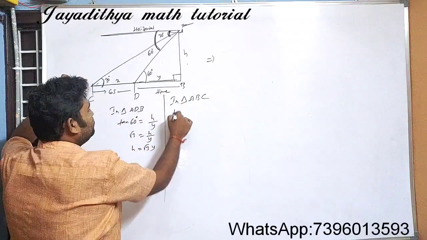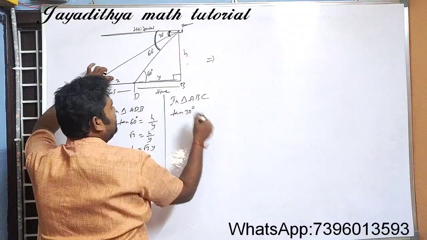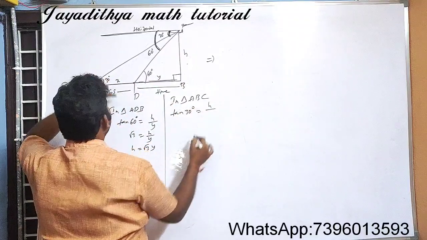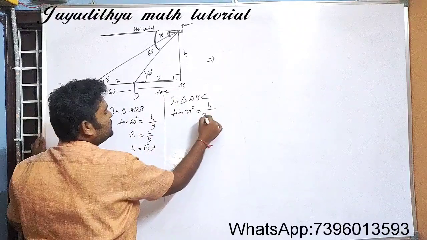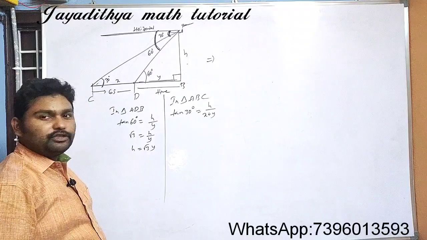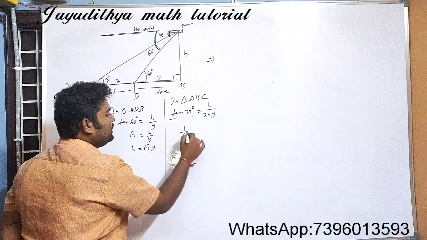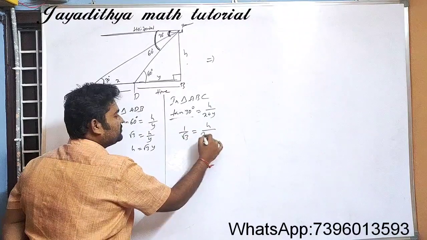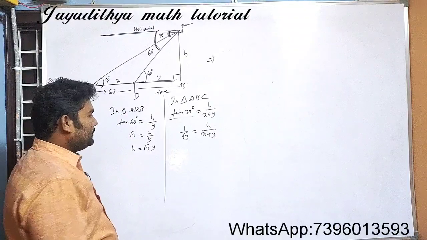So see here, now tan 30 degrees will be equal to AB, opposite, that is H, by the base. The total is X plus Y. So tan 30 degrees is nothing but 1 by root 3, which equals H by X plus Y.